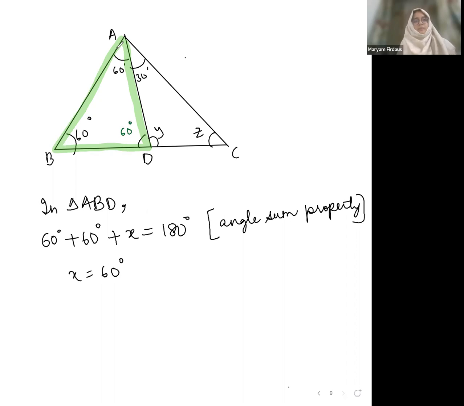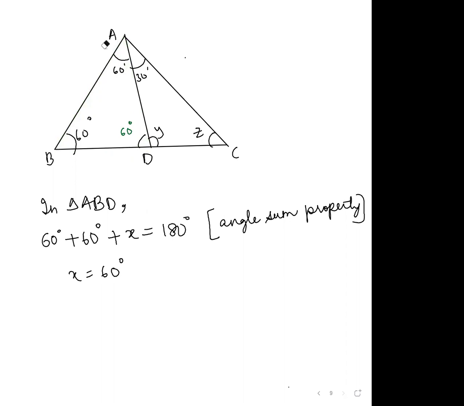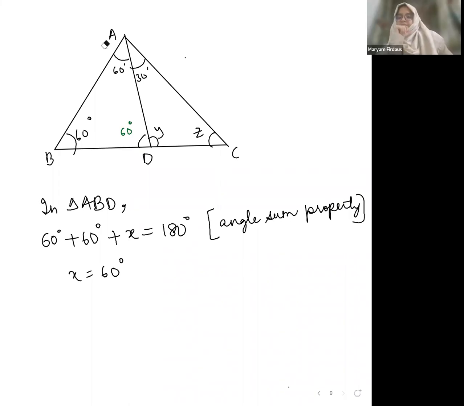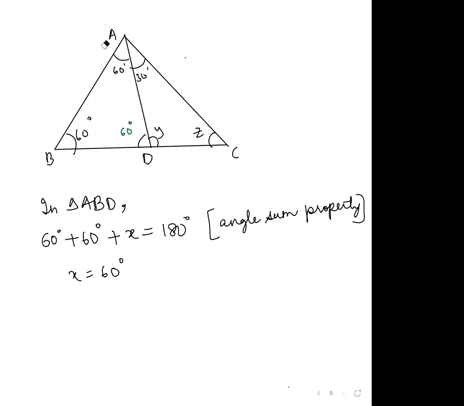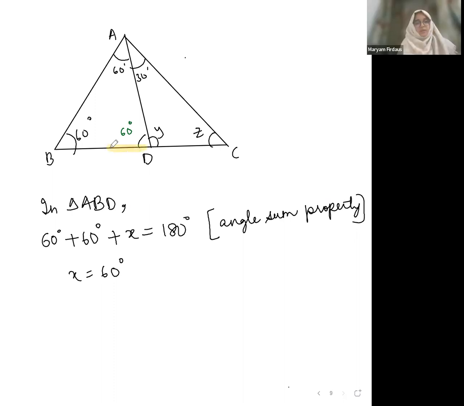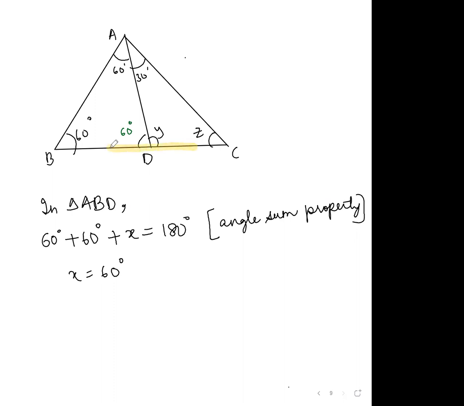Now, Y and Z. Wait, B, C, D are forming a linear pair.